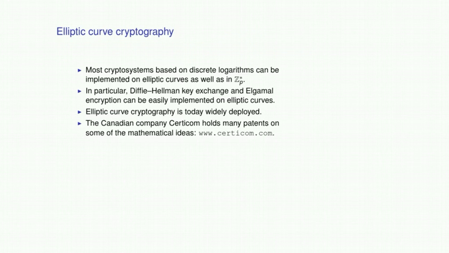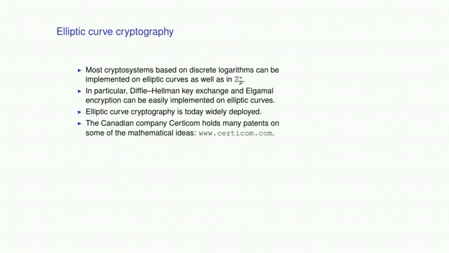So this is about elliptic curve cryptography. Most crypto systems based on discrete logarithms, that means using the prime order groups Zp, can be implemented using elliptic curve groups. So Diffie-Hellman key exchange and Elgamal can be easily implemented using elliptic curves. What we discussed here is using the prime order groups, but they can be used in elliptic curve groups as well.